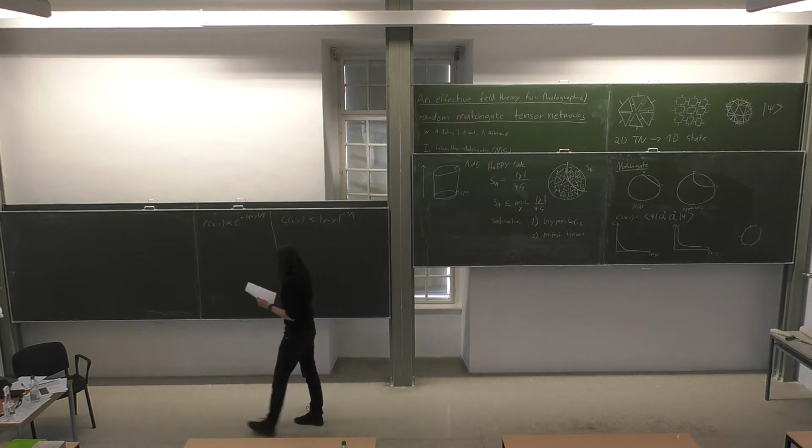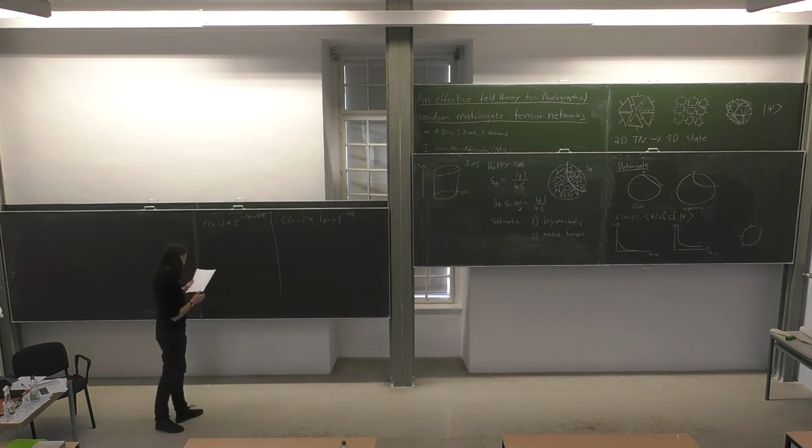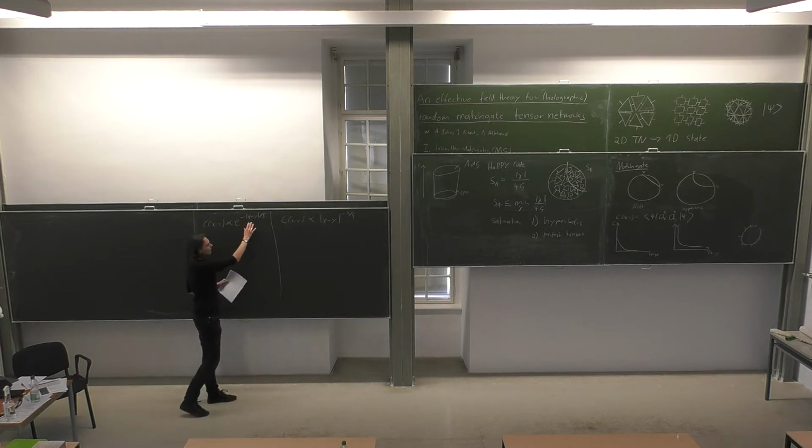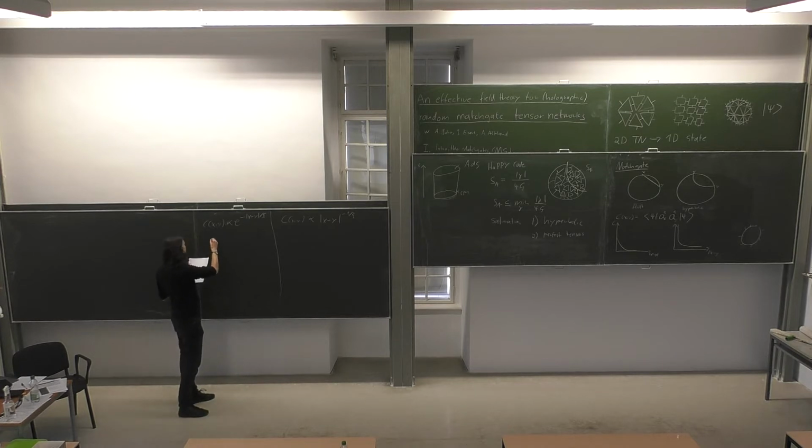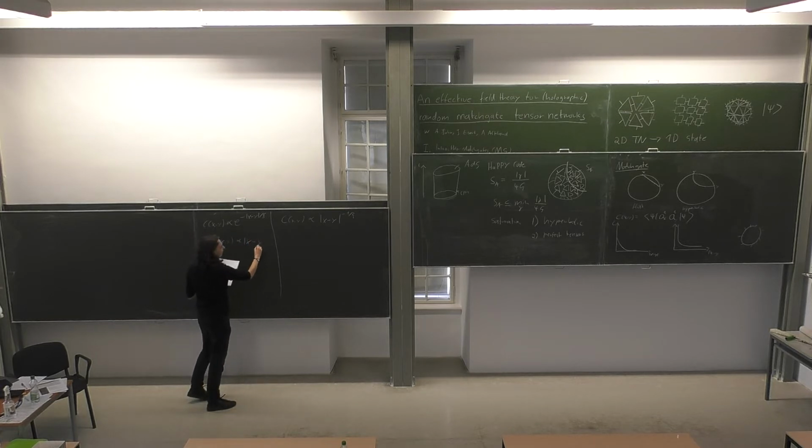Okay, so this is found if you consider the boundary distance. Now, if you actually consider the geodesic distance, this is proportional to the boundary distance in the flat case.